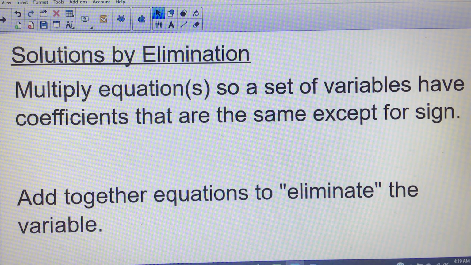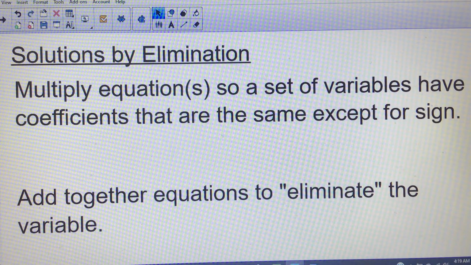Substitution can also be used to solve these, but especially as the number of variables goes up, substitution becomes very difficult to do and harder to generalize. So we're going to skip talking about substitution. If you remember that from your algebra course, that's fine. But it's really elimination that gets center stage and moves us into the matrix method. So we'll just look at elimination.